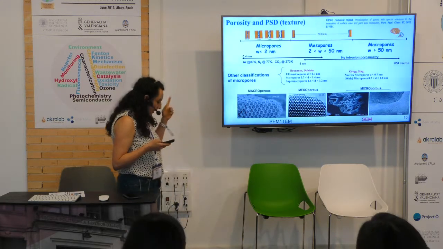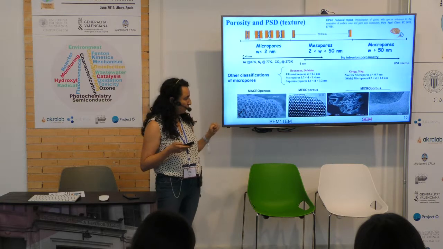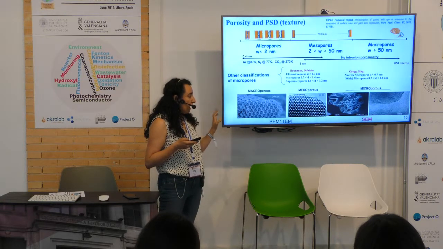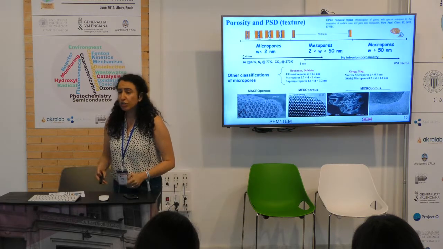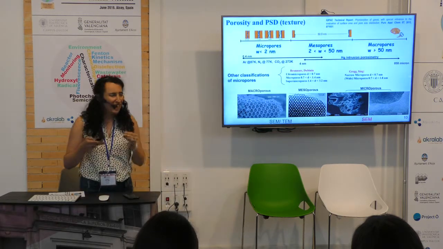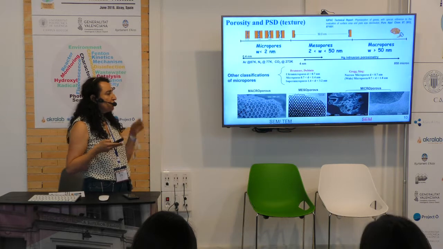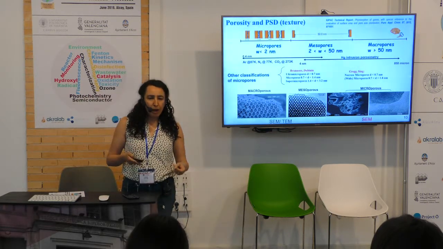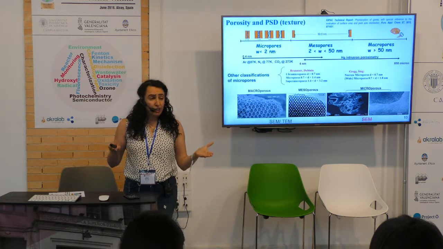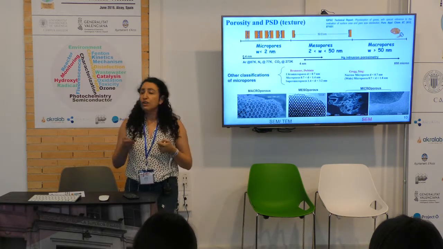You also have to take into account, and we will go to see that, that by SEM or TEM it is not possible to see all the pores. I've read many times in the literature, "as we can see in this SEM picture, I have micropores in my material." You cannot see them. It's just a matter of resolution.